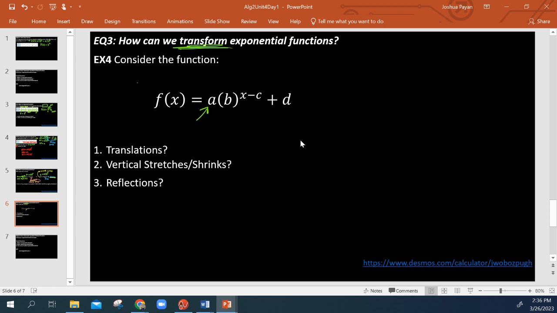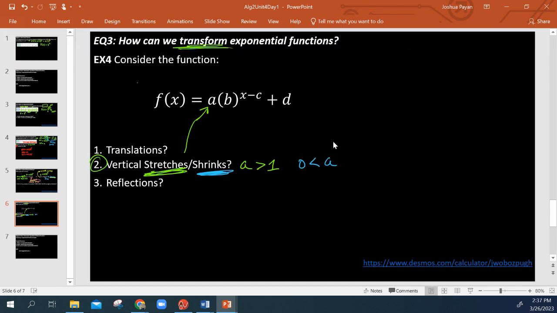You can already probably guess what A does. A does vertical stretch or shrink. When A is greater than 1, we have stretch. And when A is, here, let me do this, that's going to be confusing if I write it that way.